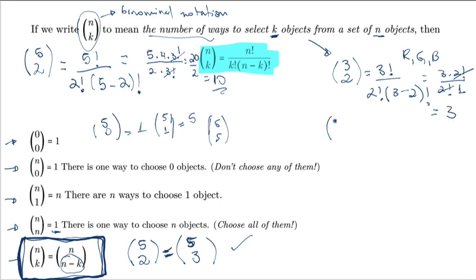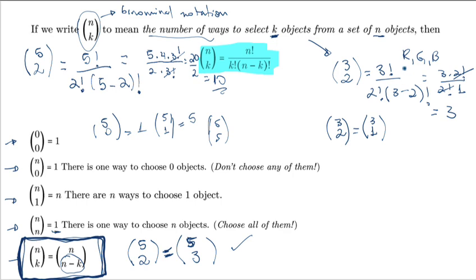And if you want to check if you did everything right, just use the property of the complement. So the number of ways you can choose 2 objects within 3 objects, so 3 choose 2, is equal to 3 choose 1, right?